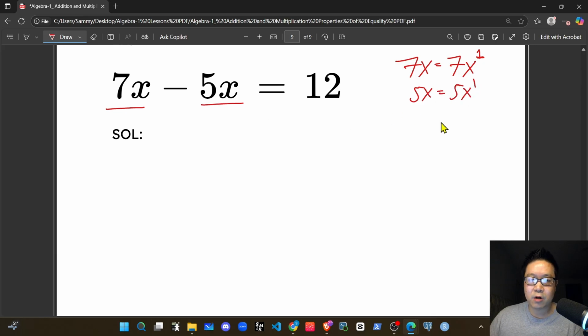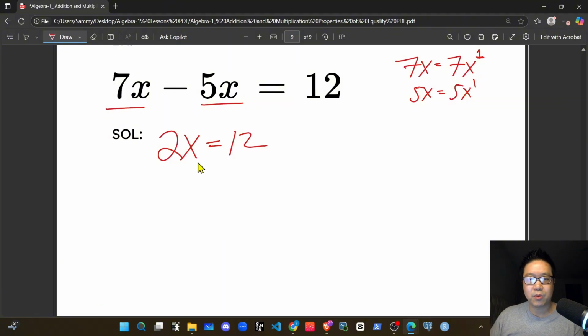So these are like terms, and that means you can actually subtract these two, as if you were doing 7 minus 5. So 7 minus 5 is what? It's 2. And all we have to do is add our variable. So 7x minus 5x is 2x, okay? So this is the same thing as 2x equals 12. And now the problem is actually easier.